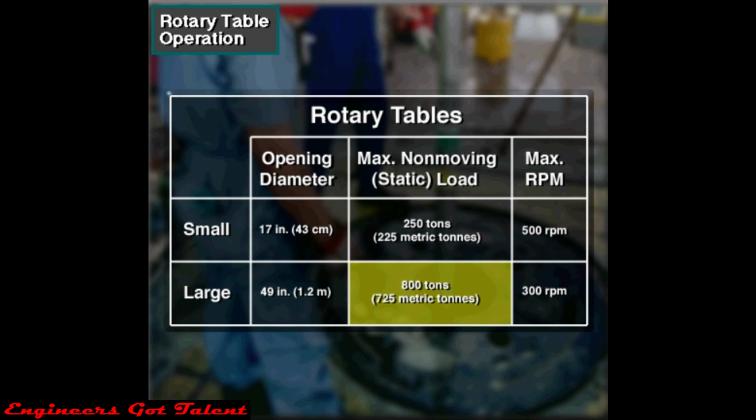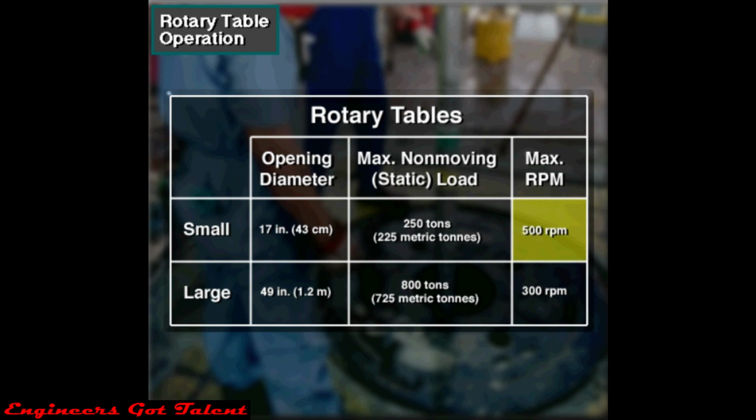The largest can hold a non-moving load of 800 tons, about 725 metric tons. Some small rotaries can spin as fast as 500 revolutions per minute, RPM. Large rotaries spin a bit slower, with upper ranges of about 300 RPM.